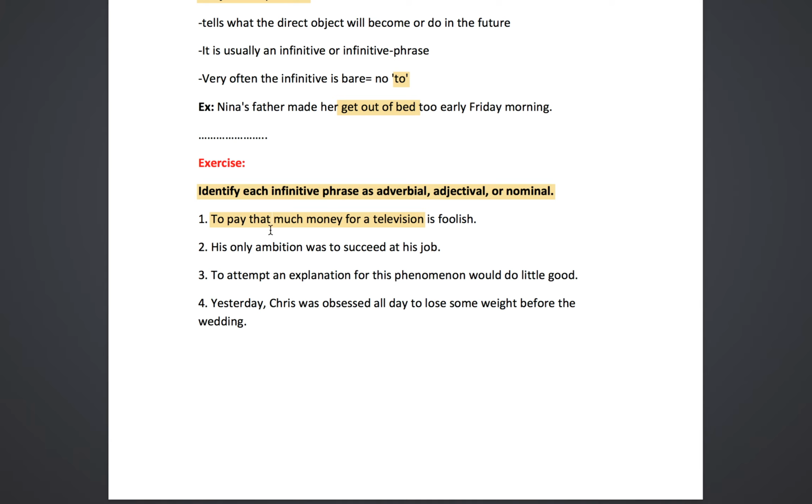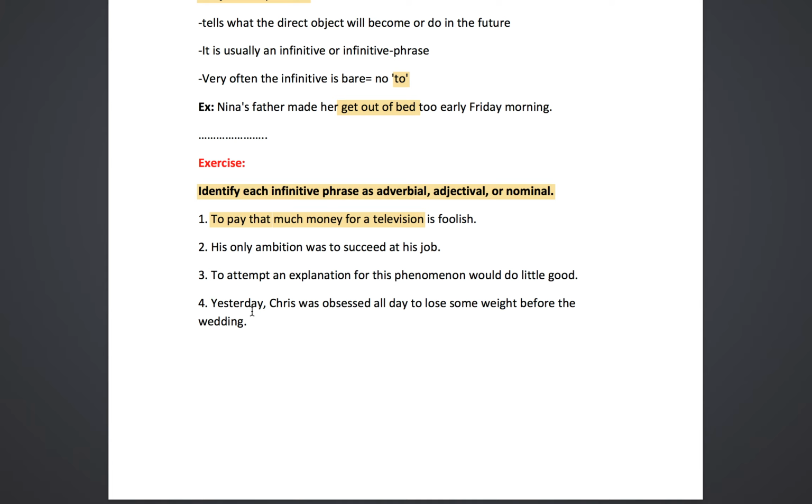So "to pay" is the subject of a sentence, and "to pay that much money for a television" is the infinitive phrase. "To pay" also is an infinitive, but all these words together make the infinitive phrase. So "to pay" is functioning nominally, or you can say functioning as a noun in a sentence.